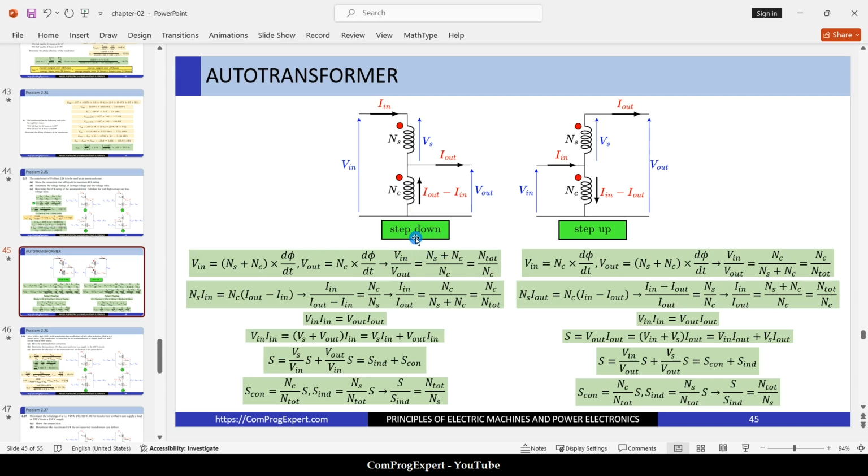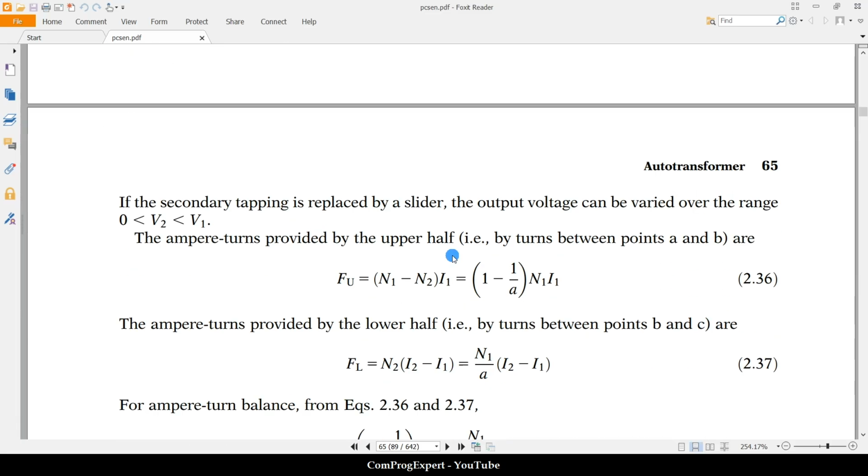In a step down case, V in divided by V out is N_total divided by N_common, and in the step up, V in divided by V out is N_common divided by N_total, because the number of turns between these two terminals is N_common divided by N_total. But what about the ratio of the currents?